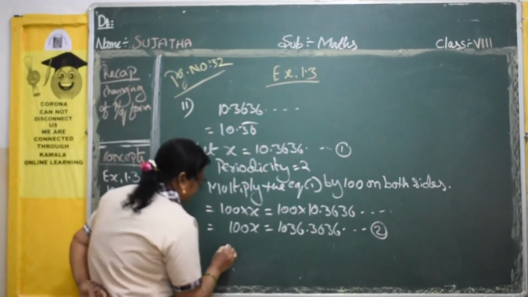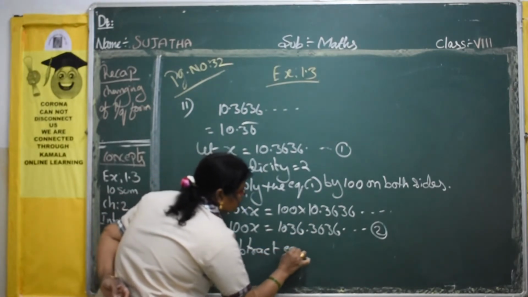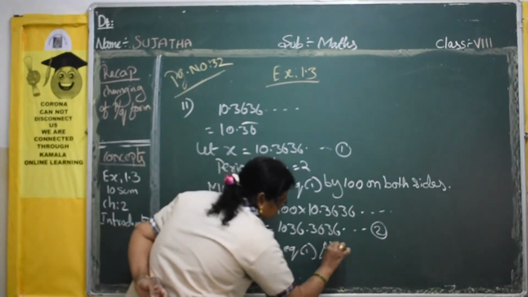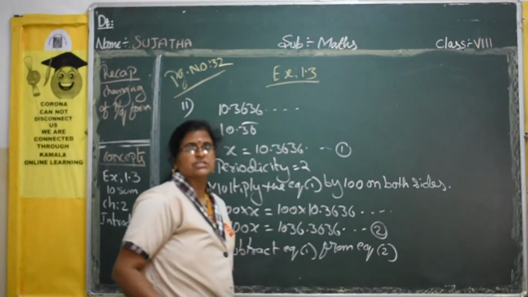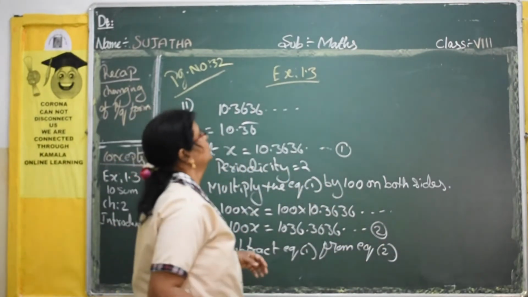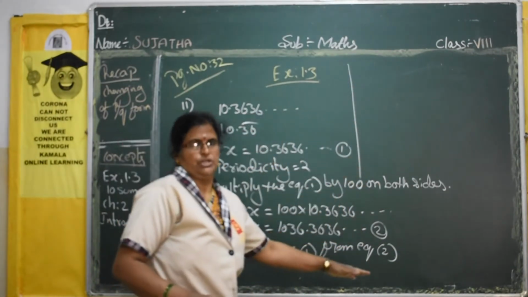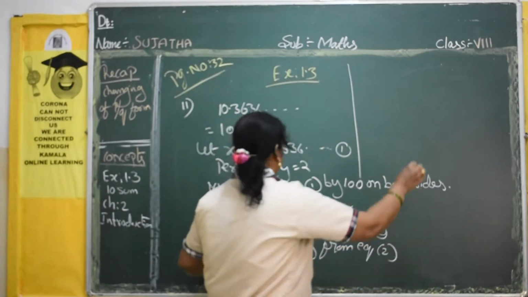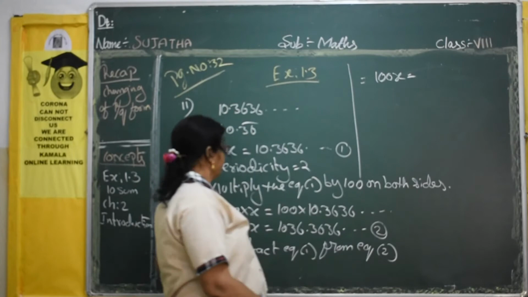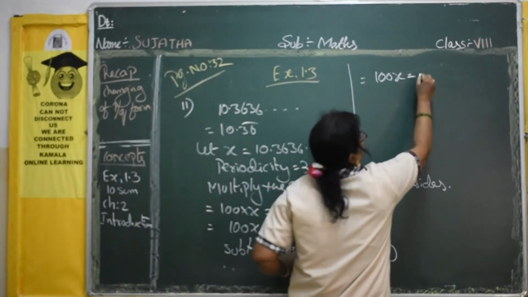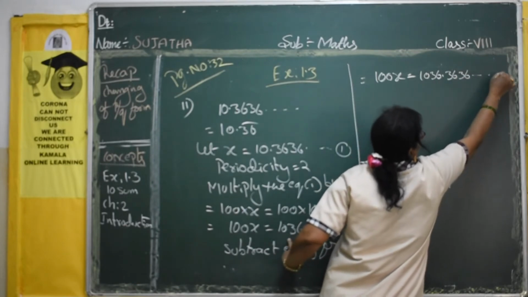Understood? Now subtract equation 1 from equation 2. First write equation 2: 100x is equal to 1036.3636 and so on.